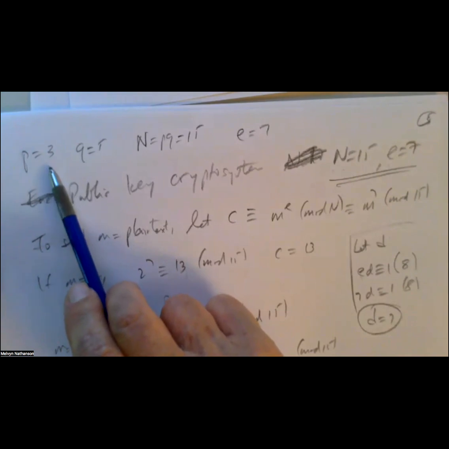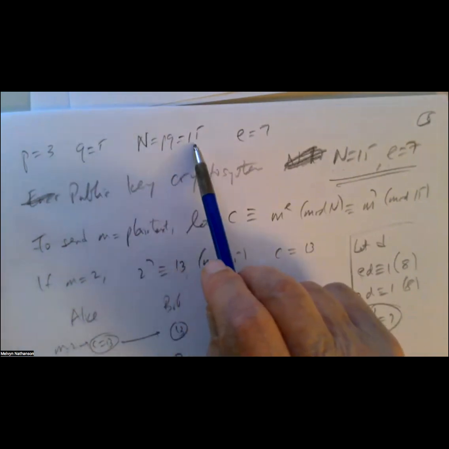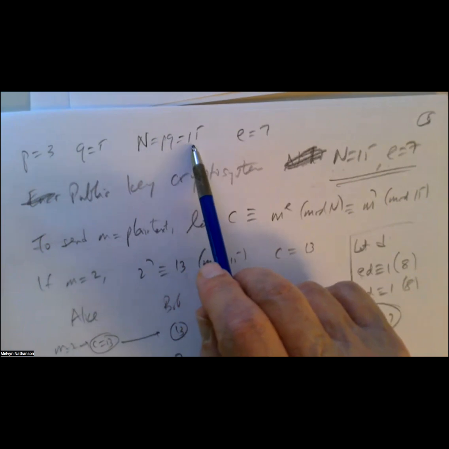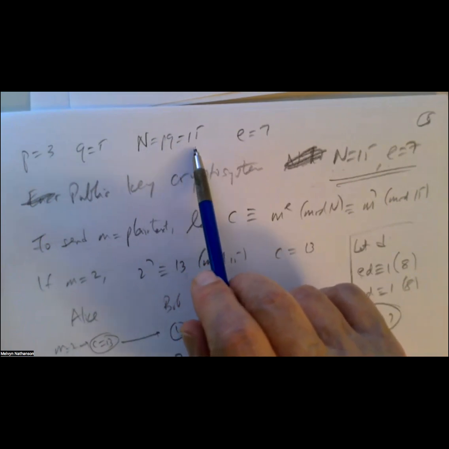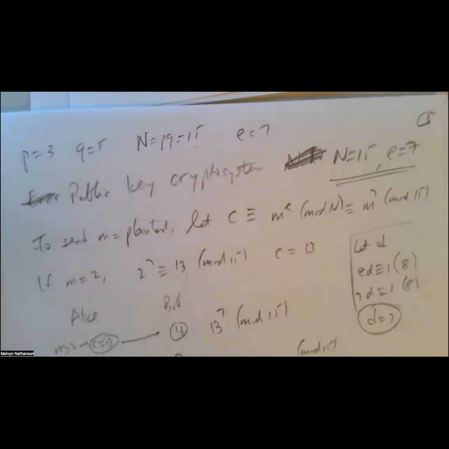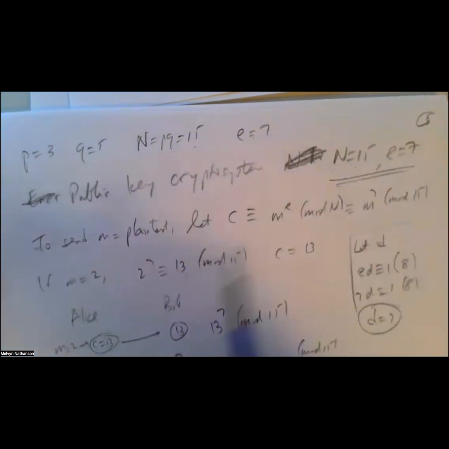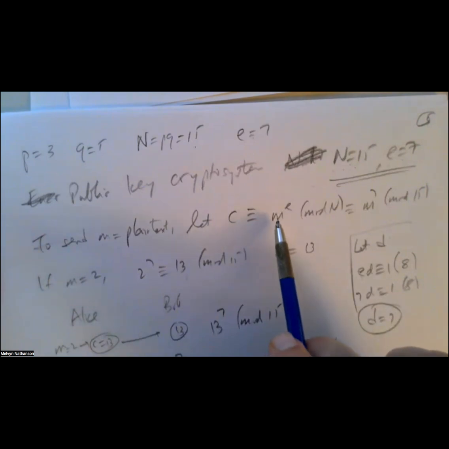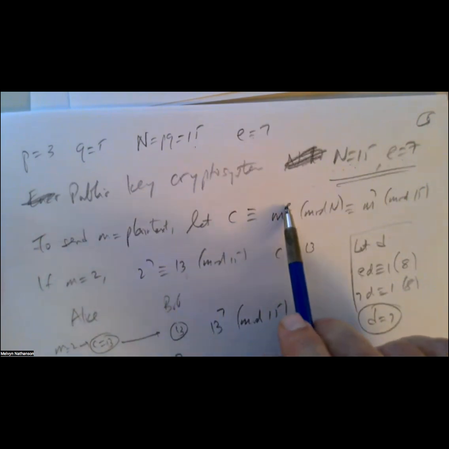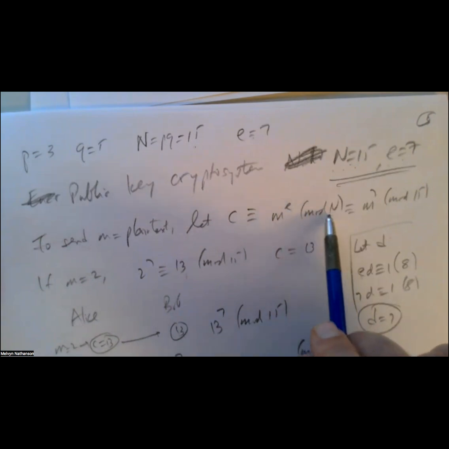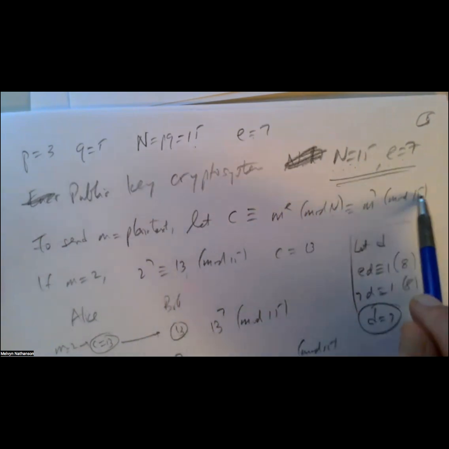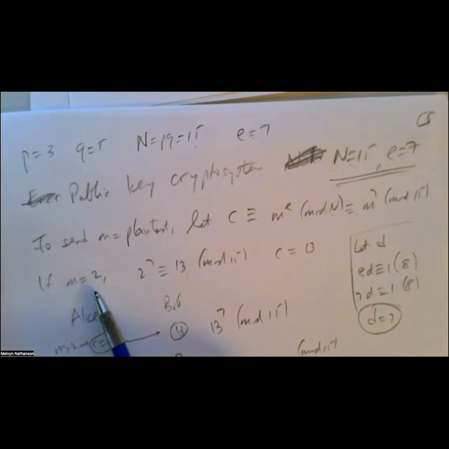So Bob chooses the primes P and Q, multiplies them and gets 15. And he chooses the number E relatively prime to it, E equal to 7. And he transmits the numbers 15 and 7. And the encryption method is, if your message is M, take M to the power E mod N. So M to the 7th mod 15. So if M is 2, then 2 to the 7th mod 15. 2 to the 7th is 128.